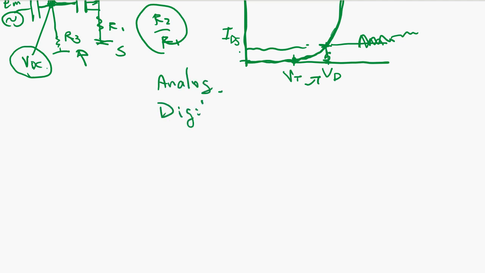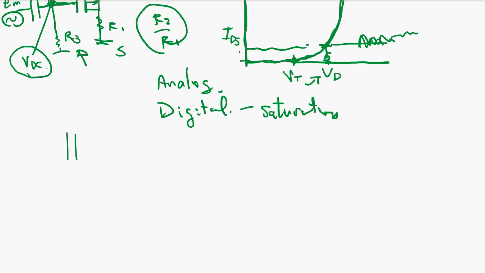Digital, you operate at the saturation. So you swing the operation into entirely high or low, and when it saturates, it goes to the extreme, from one side of saturation to the other side of saturation.